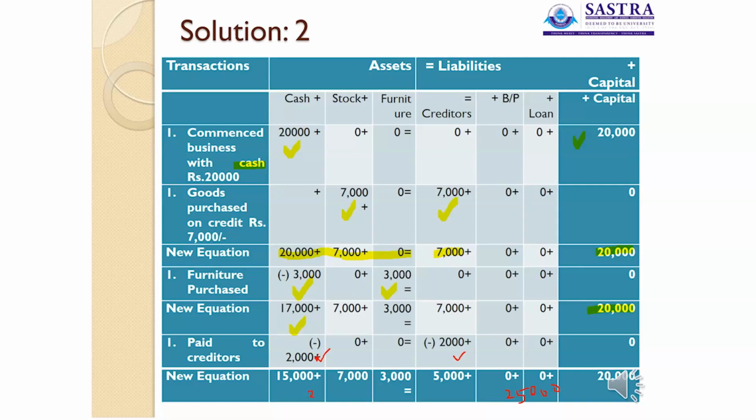So assets 25,000 is equal to liabilities 25,000. Now the accounting equation is proved.